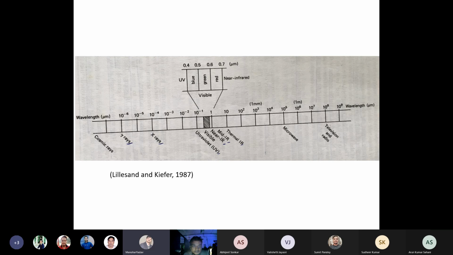So on the basis of this diagram, you can develop an understanding of the correlation of name with the magnitude of wavelength, as well as the magnitude of energy for a particular photon. Got it?